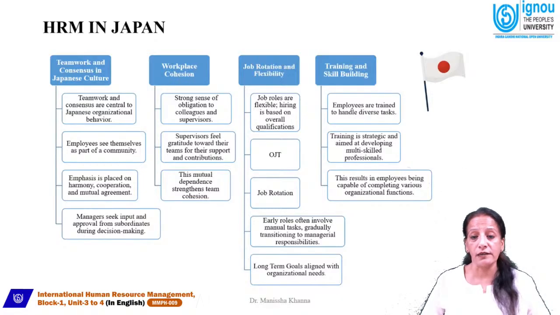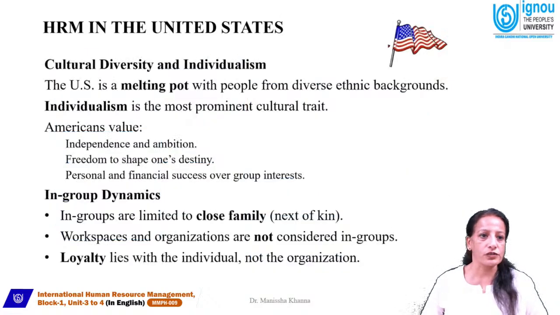Training and skill building: employees are trained to handle diverse tasks. Training is strategic in Japanese culture and aimed at developing multi-skilled professionals. This overall results in employees being capable of completing various organizational functions.